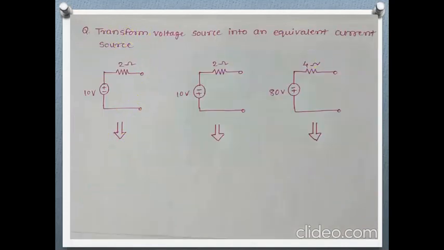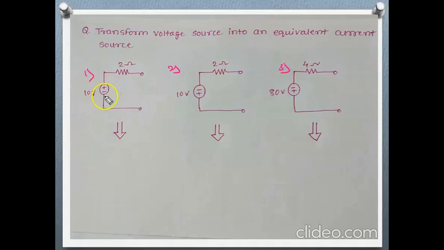Here, the question is to transform the voltage source into an equivalent current source. There are three questions given, where in each we have the voltage source given and we have to convert it into an equivalent current source. So let's take the first. This is first, this will be second, and this is third.